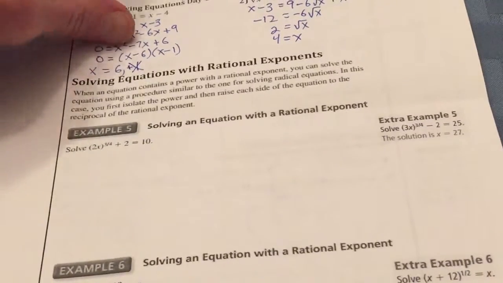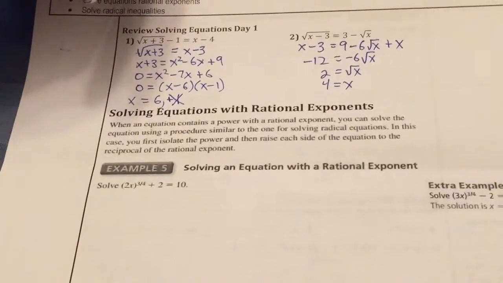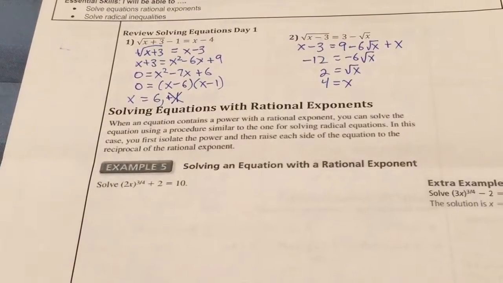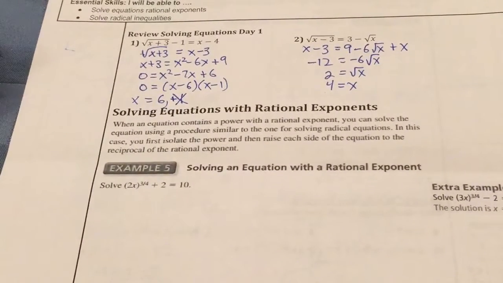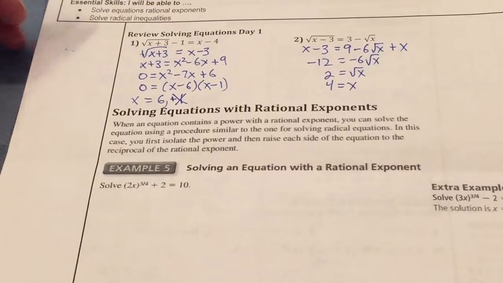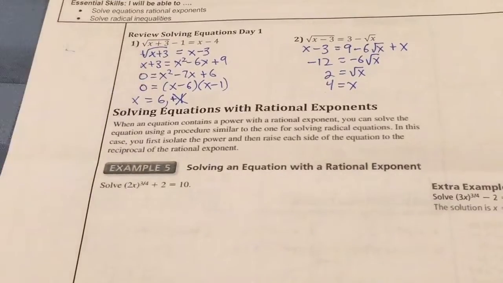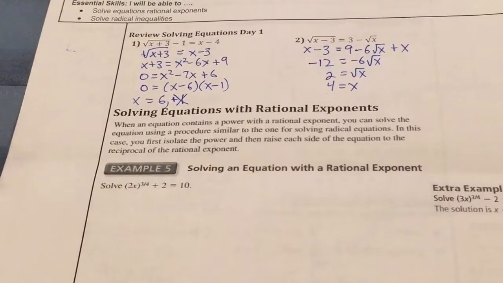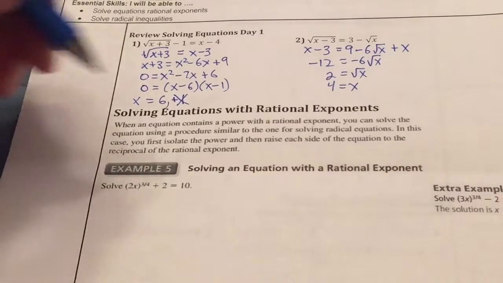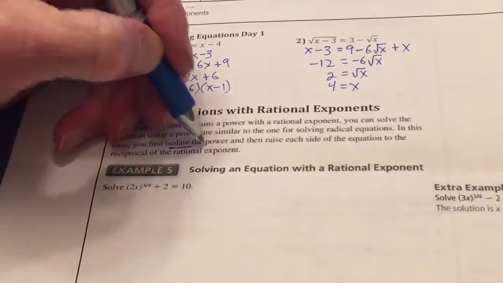All right, welcome back. And now we're here to talk about 5.4, solving radical equations and inequalities, day 2. Notice some things in this that are really just extensions of what we've been doing, particularly isolate the power.